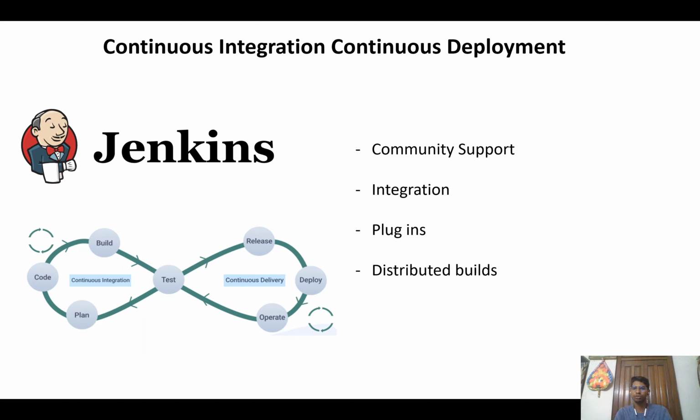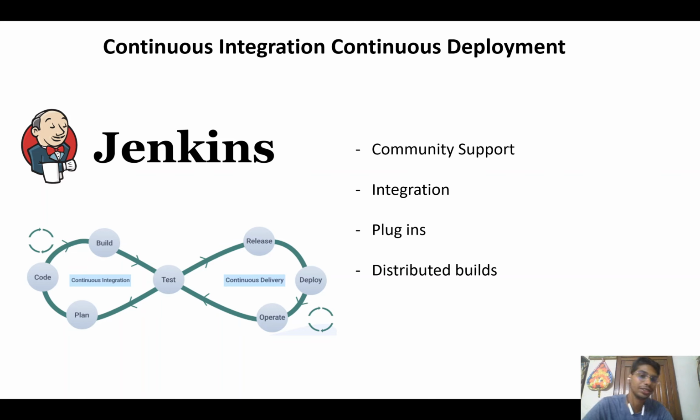Now, one of the main focuses in continuous delivery is to build, test, and release the code as quickly as possible. That is where DevOps came into the picture, right? In CI/CD, we can automate the whole thing and directly deploy the code as quickly as possible.